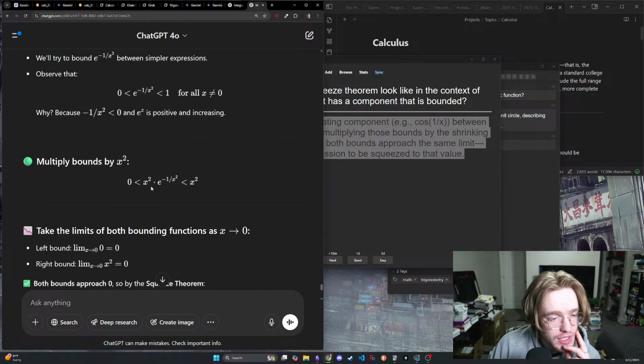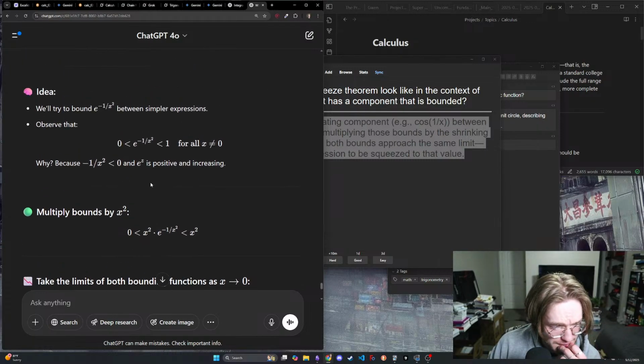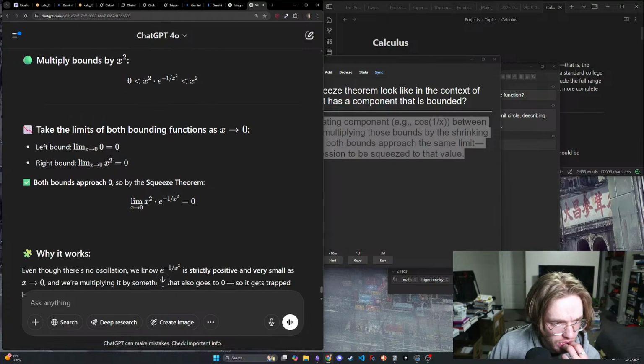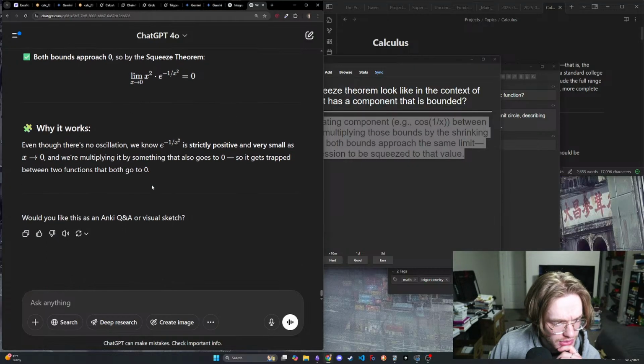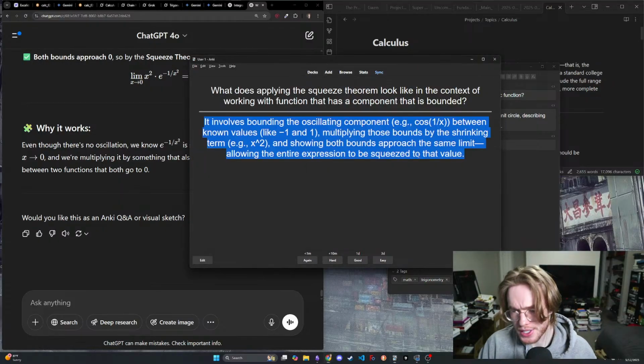So we identify the bounds, and then we multiply the bounds by what we're looking at. Both bounds approach 0, so by the squeeze theorem, we can do that. So it involves bounding an oscillating component.